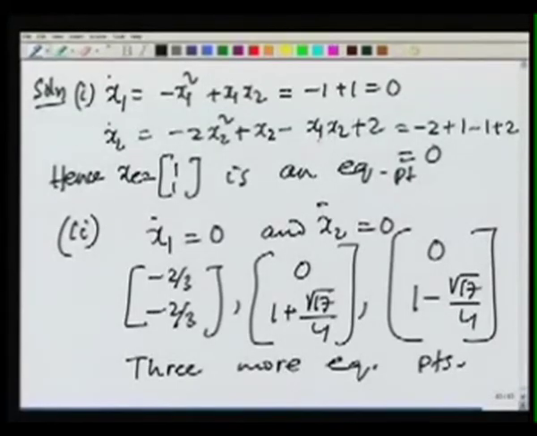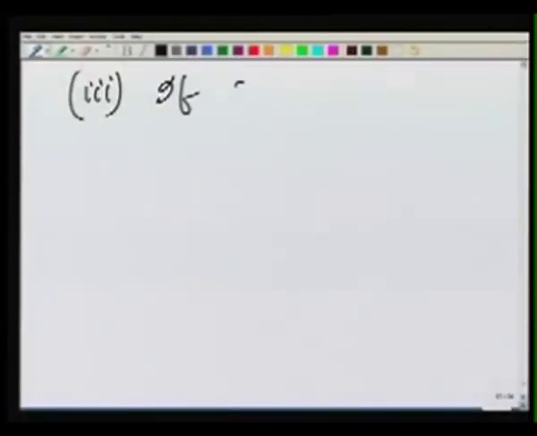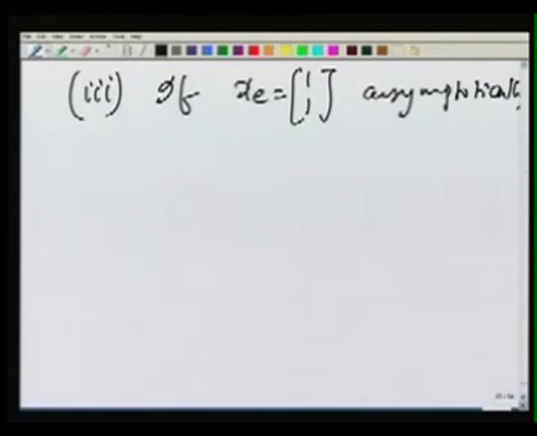The next question, the third part, was whether x c is asymptotically stable. So, how do we do it? We linearize the system around x c.